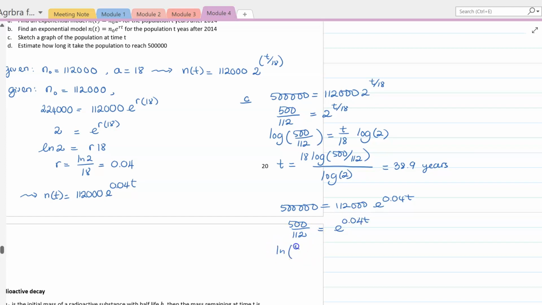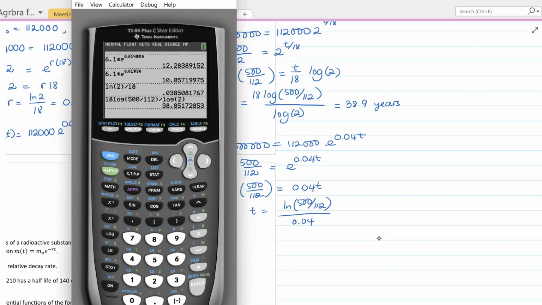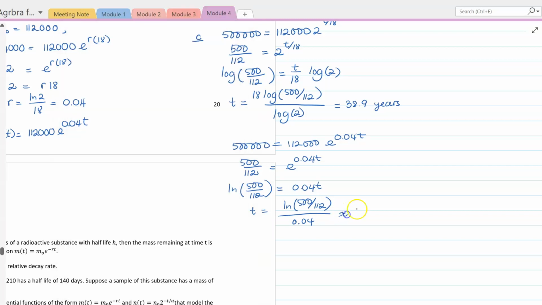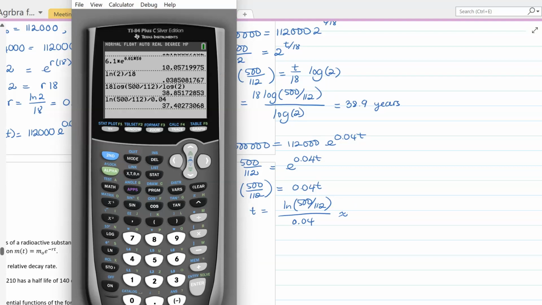We take ln of both sides here. So t equals, and that is about 37.4.